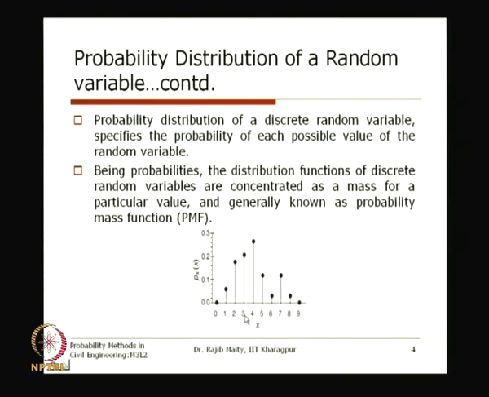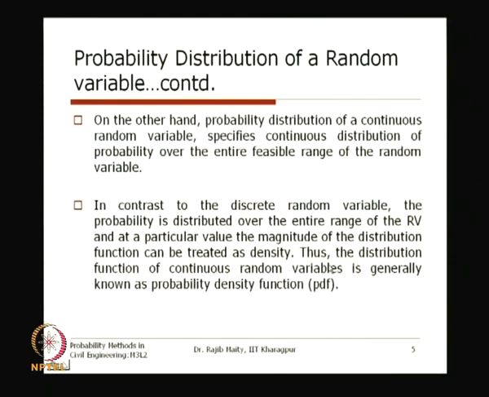So, what is meant here is that as there is nothing specified in between two specific values of the random variable, what is specified for a specific value can be treated as a mass of probability. So, that is why this kind of distribution is known as the probability mass function, abbreviated as PMF.